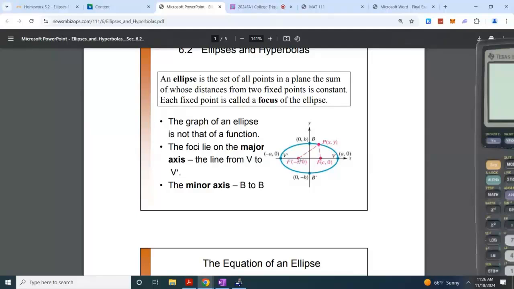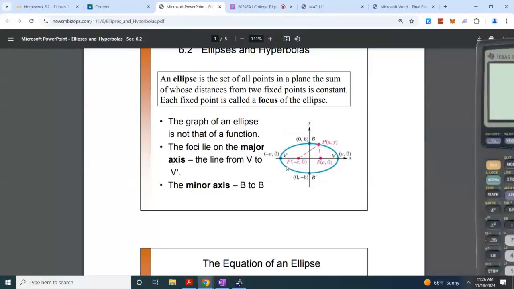If I were to take this point and this point, I could find the distance using a ruler. Then I can take my other focus point to the same point on the curve and find that distance, and add those two distances up. Those two distances add up to the same value no matter where the point is on this ellipse.